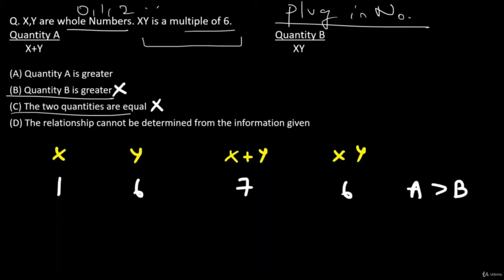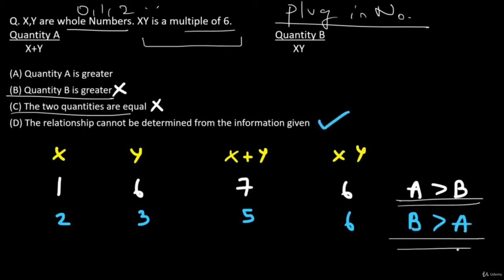Now if I take x as 2 and y as 3, then x into y is again 6, which is a multiple of 6. So the numbers are valid. Now over here x plus y is equal to 5 and x into y is equal to 6, right? Now over here you can see that B is greater than A, right? Which is contradictory to the situation that we got before. Therefore the correct answer to this question is option D.